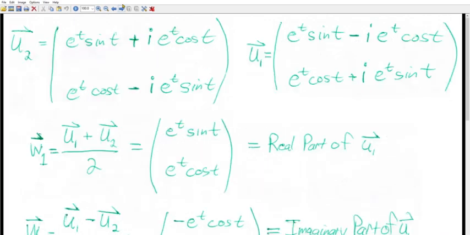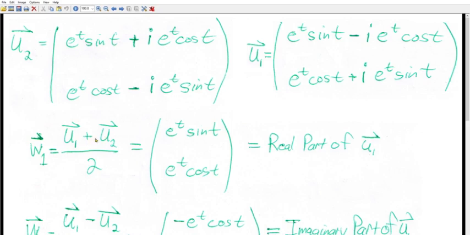So we can write u2 down. Here's u1 that we just calculated. u2 is the conjugate, where the only thing that's happened is this minus has changed to a plus, and this plus has changed to a minus. Now, as previously, when you have complex solutions that are conjugates, you can add them and subtract them and get other solutions.